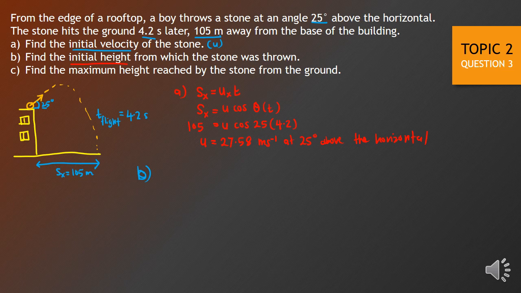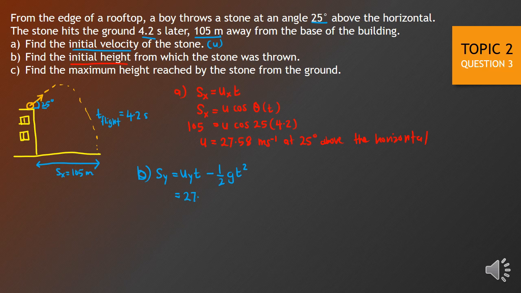So we have the time of flight. Therefore we can use our SUVAT in the y direction. So sy is equal to uyt minus half gt squared. So uy would be u sine theta, and our u is 27.58.